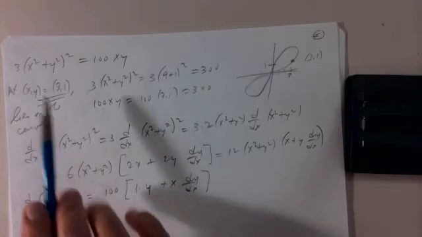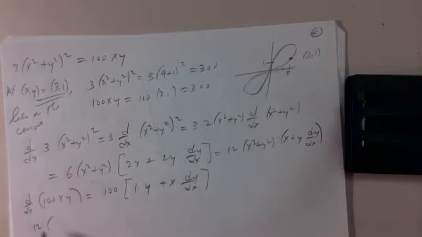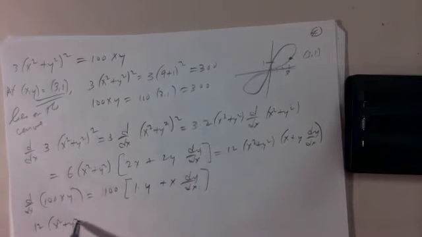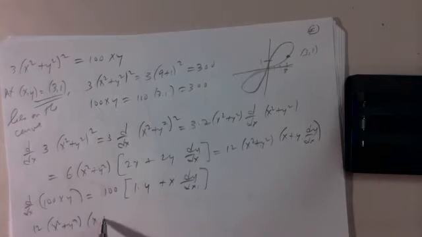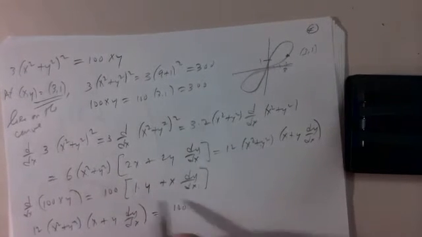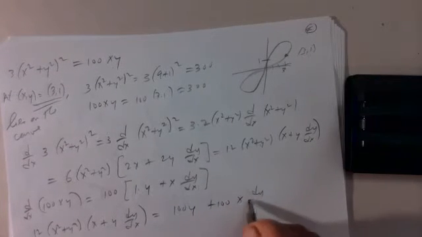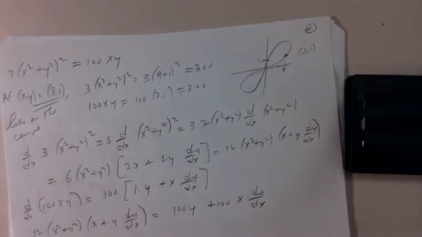These two functions are equal, so their derivatives are equal, so we set this equal to this. So we have 12 (x squared plus y squared)(x plus y dy/dx) equals 100y plus 100x dy/dx.